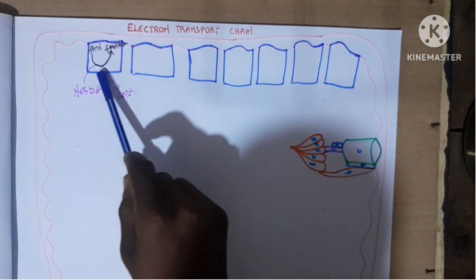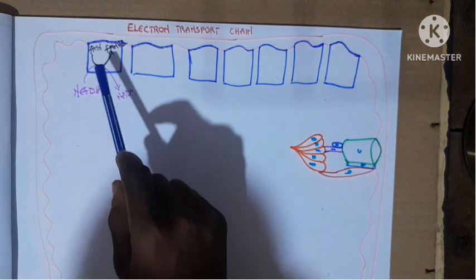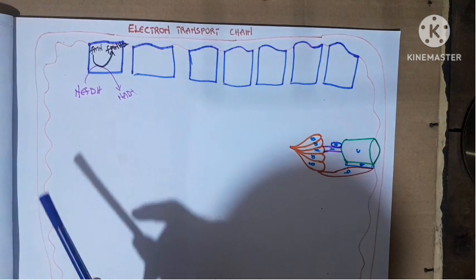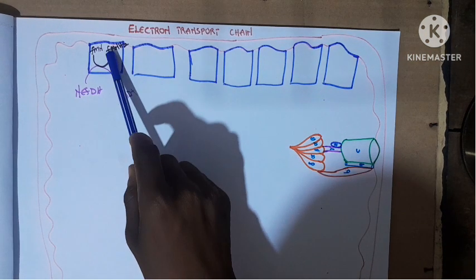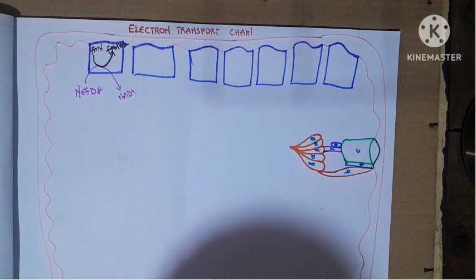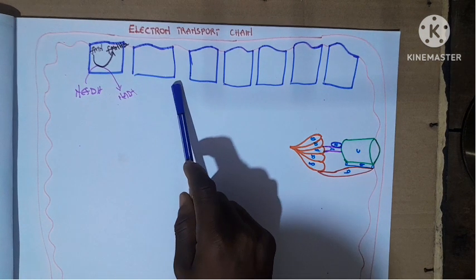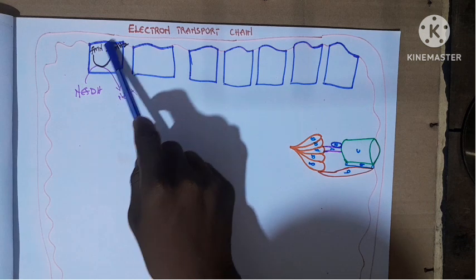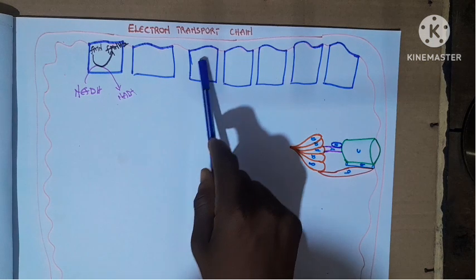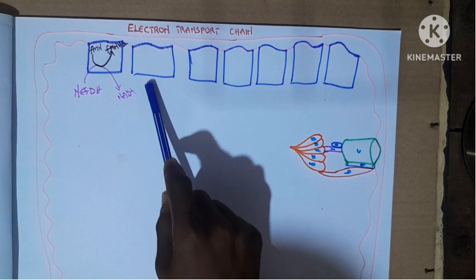When it takes these electrons, the protons that remain are pumped into the intermembrane space. Now, the electrons that flavin mononucleotide is carrying are going to be transferred to this coenzyme Q.